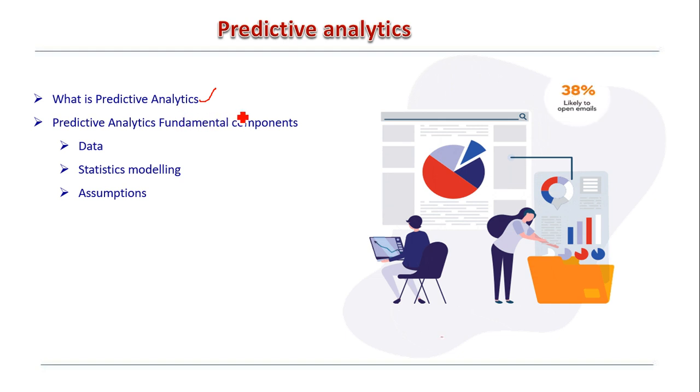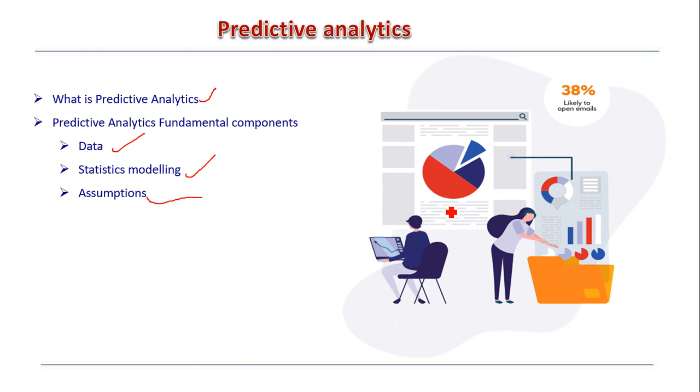Predictive analytics does this by taking customer data and transforming it into knowledge about the customer. The fundamental components of predictive analytics are data, statistics and modeling. These are the three fundamental components.